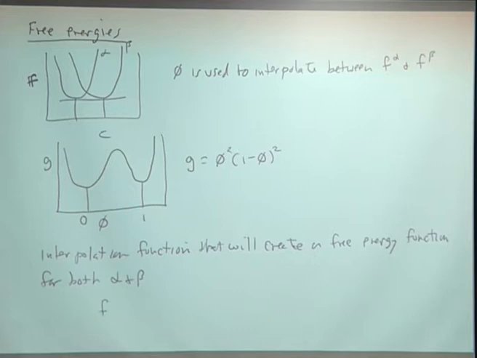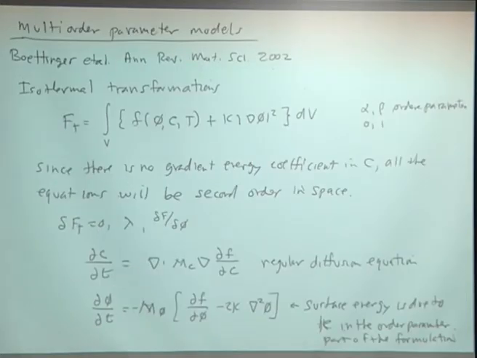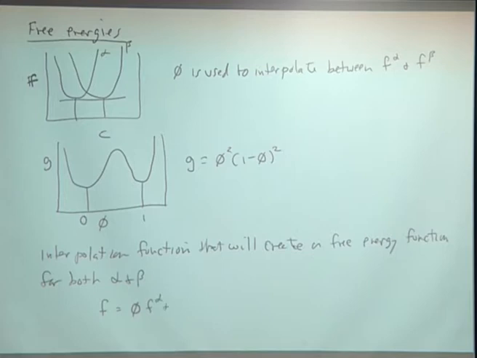And there are many possible interpolation functions. Let me emphasize here. So let's say you have f. You could do it this way: F beta. And you get the idea.